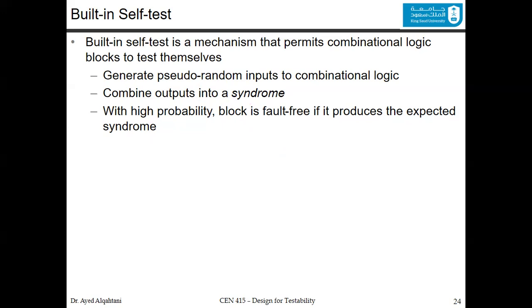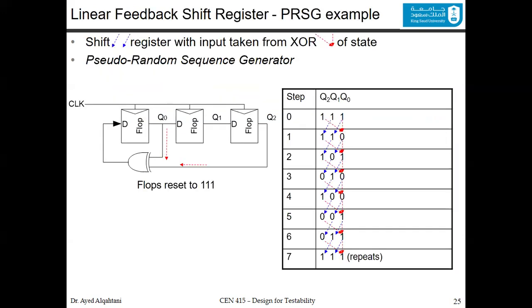But the first step here is to generate the random inputs. One way to generate random numbers is by using the linear feedback shift register as one of the pseudo-random sequence generation examples. So here, this is just an example, we have 3 D flip-flops.